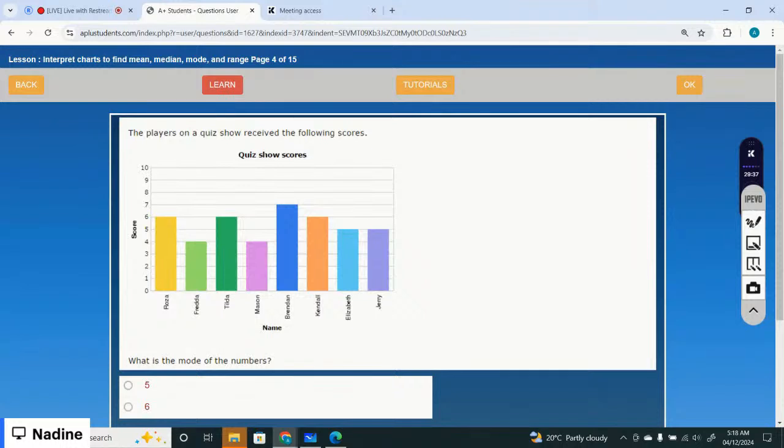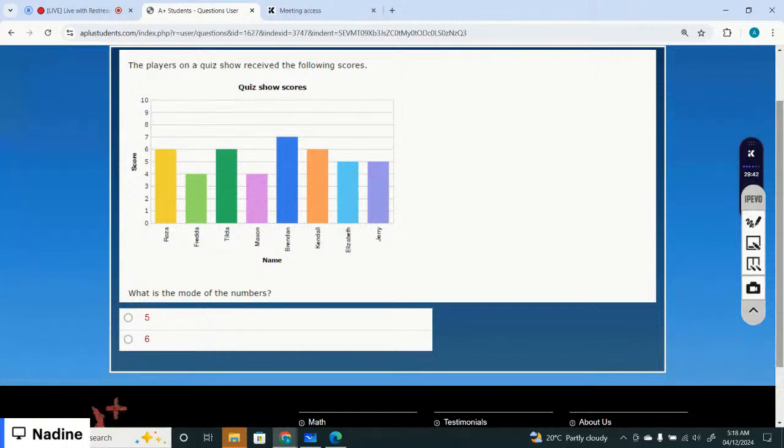The players on a quiz show received the following scores. What is the mode of the numbers?